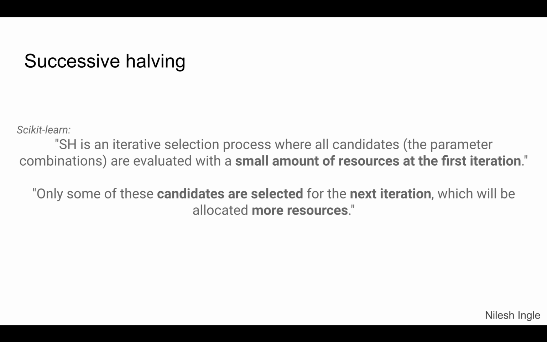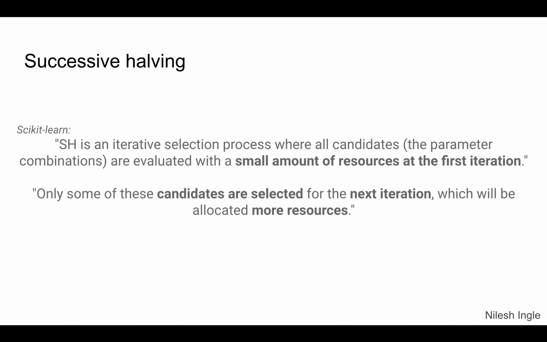So the idea with halving is that you give limited resources to the first few iterations. That is, instead of running the CV on the entire data set, you just give it first maybe 4 samples, run all the combinations of parameters, and then pick the best ones, and then move on to the next iteration.